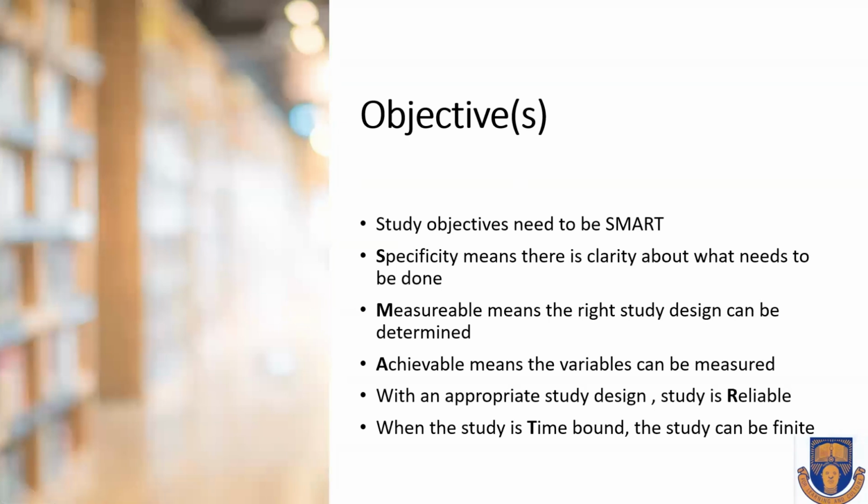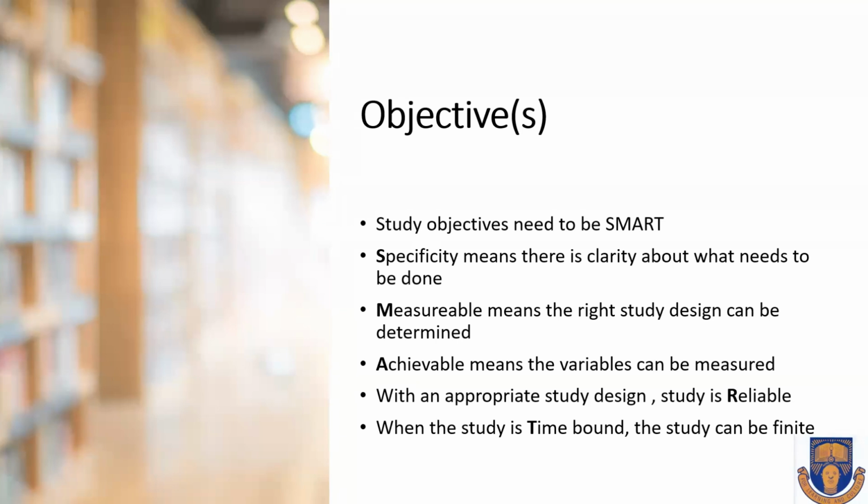I'm sure every single one of you here understands what it means for a study objective to be SMART. SMART is an acronym with S standing for specific, M standing for measurable, A standing for achievable, R standing for reliable, and T standing for time-bound.